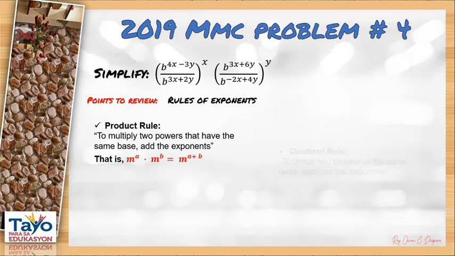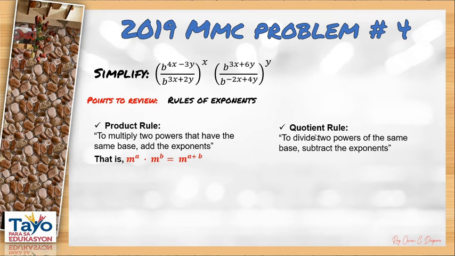Second, the quotient rule. To divide two powers of the same base, subtract the exponents. That is, m to the power of a divided by m to the power of b is equal to m to the power of a minus b.